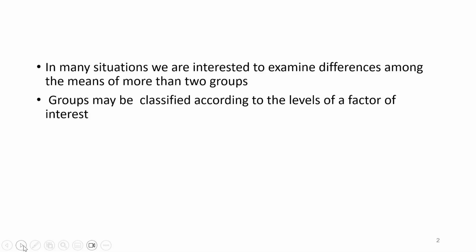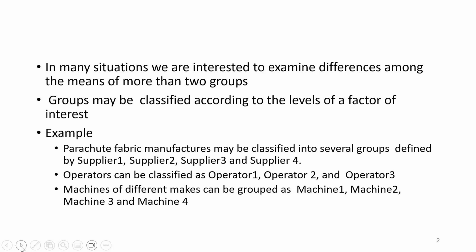The groups may be classified according to the levels of a factor of interest. Now, how? We'll see a few examples. Like, say, parachute fabric manufacturers may be classified into several groups defined simply by supplier 1, supplier 2, supplier 3 and supplier 4.